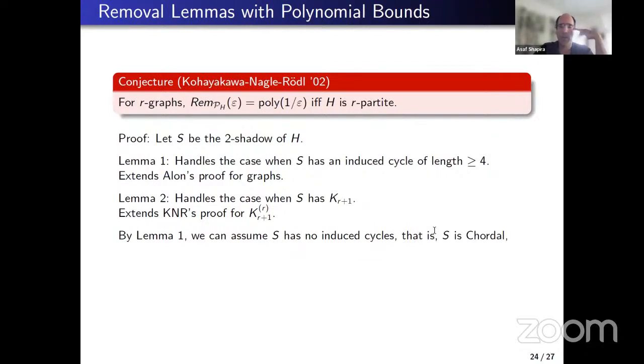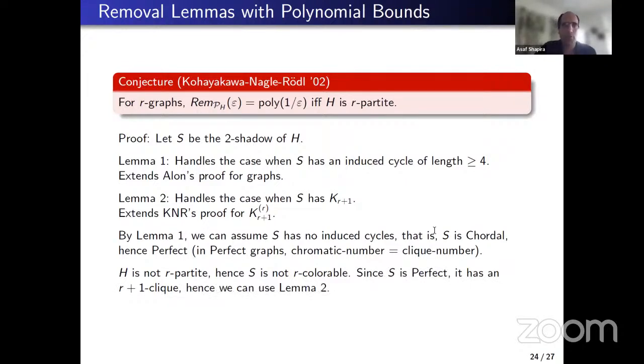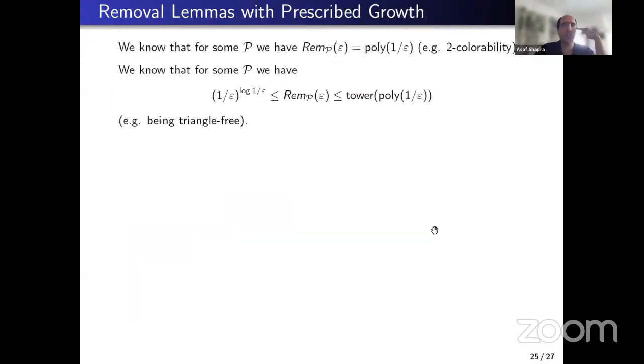This is exactly what chordal graphs are, and it's well known that chordal graphs are perfect graphs, where I remind you that perfect graphs have the property that they have the same chromatic number and the same clique number. Now, the assumption is that H is not r-partite, and if H is not r-partite, then its two-shadow is not r-colorable. And since we know that it's perfect, it has an r+1 clique, and if it has an r+1 clique, then we can use lemma 2. And this covers all the cases.